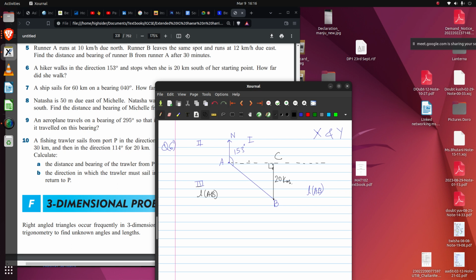We can find the angle of B. Angle B, you're saying it's possible to find out? How?